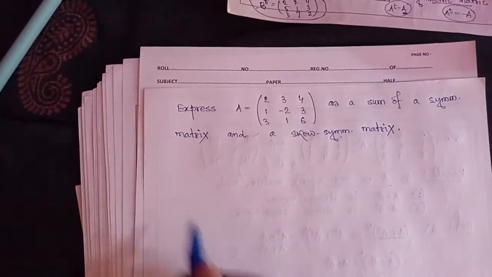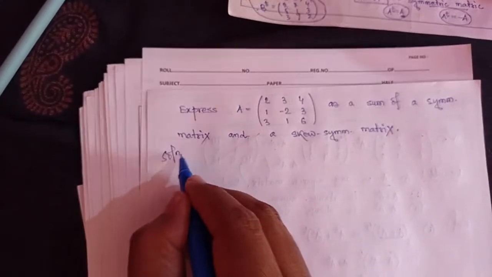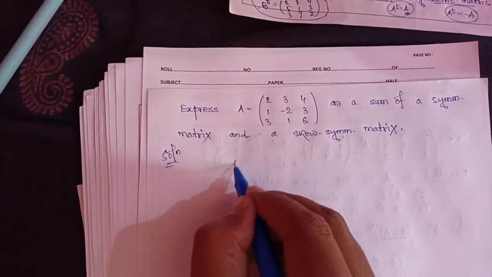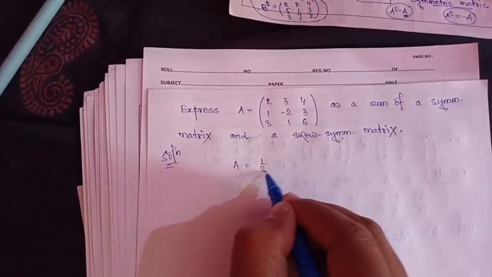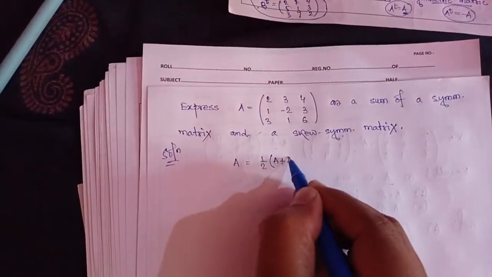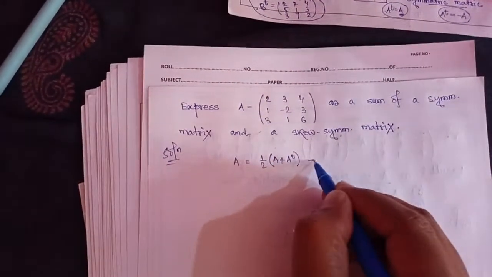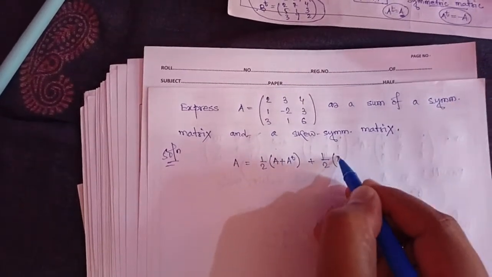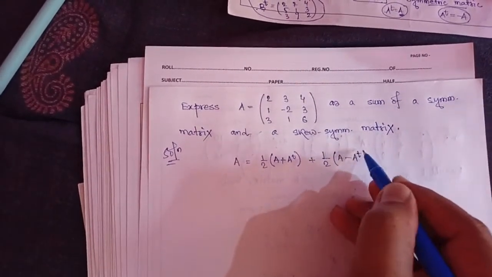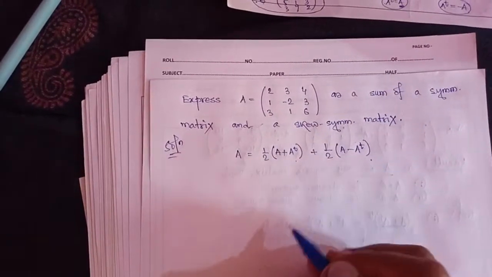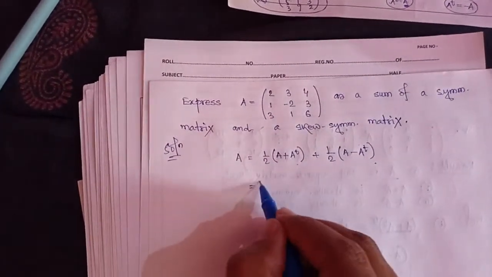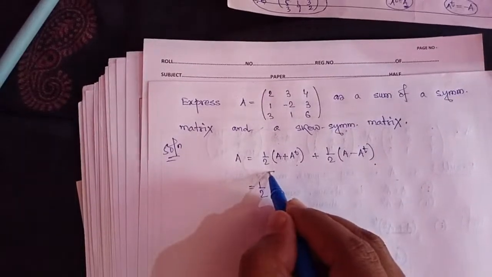So solution I am doing. You know that, just I have discussed, A equals half of A plus A transpose plus half of A minus A transpose. We can write where the first one is symmetric and this one is skew symmetric. Now put the value, half of A plus A transpose.